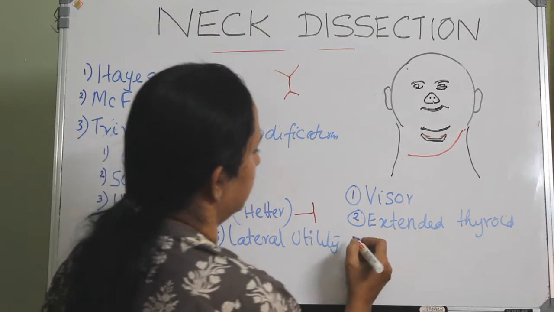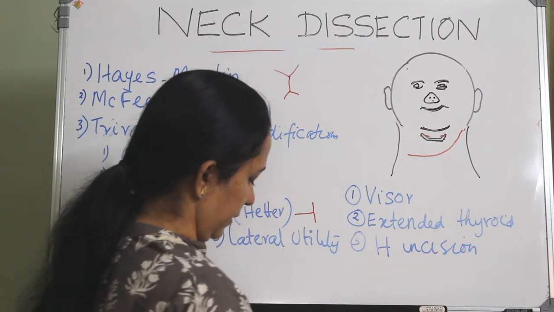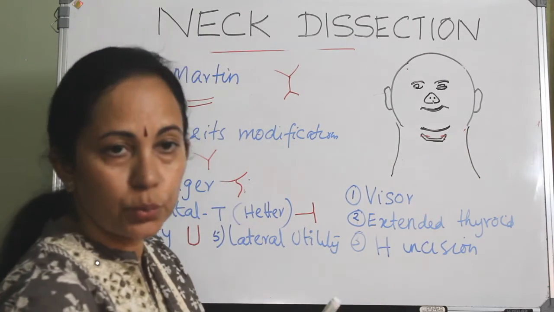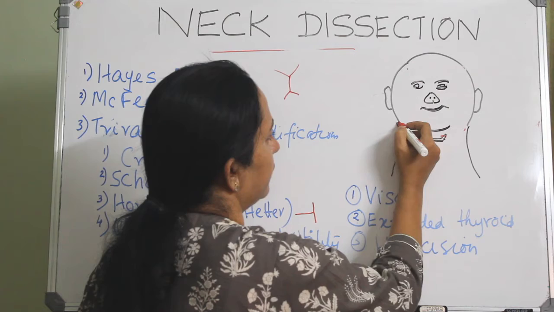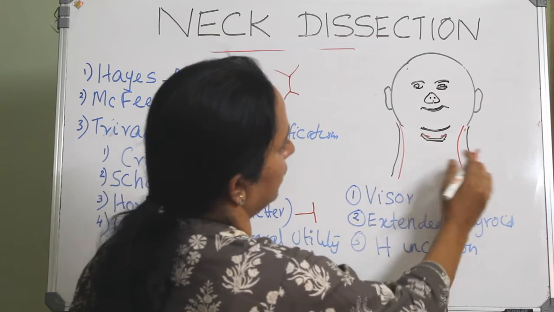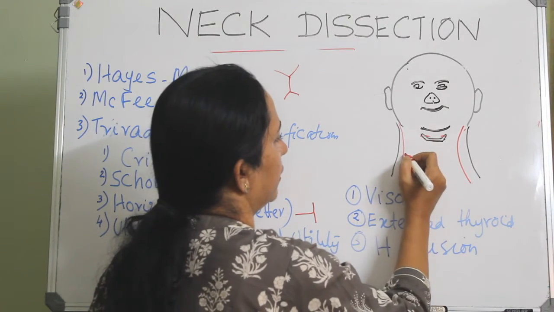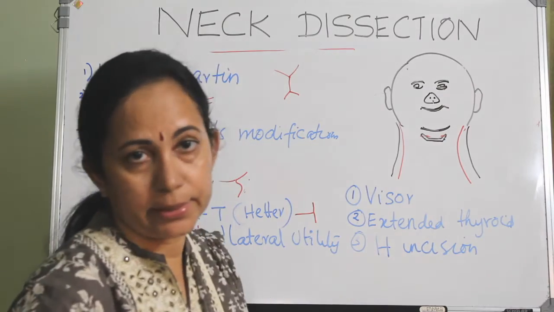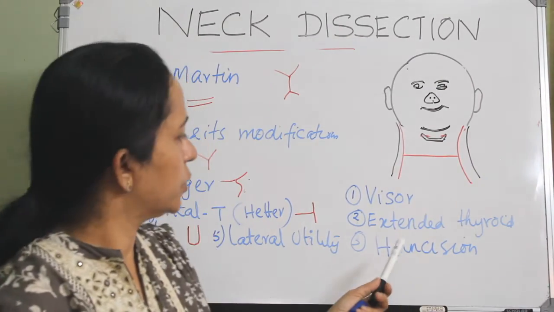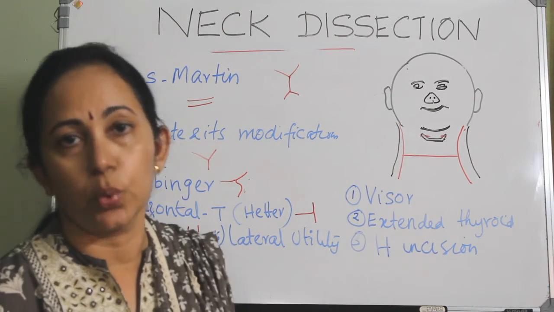And the third one is an H incision, that is two vertical limbs on either side, starting from the mastoid process downward up to the clavicle, and the horizontal limb connecting the two vertical limbs at the level of cricoid cartilage. Okay. So that is an H incision, with two vertical limbs and a connecting horizontal limb.